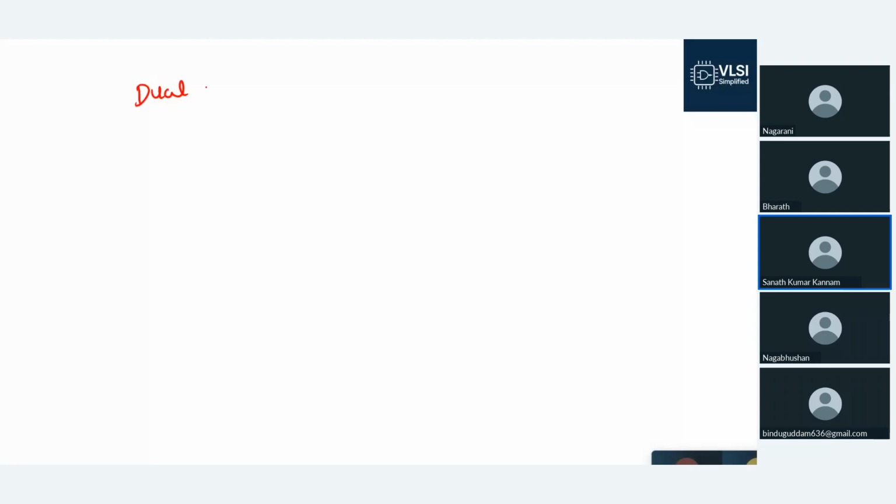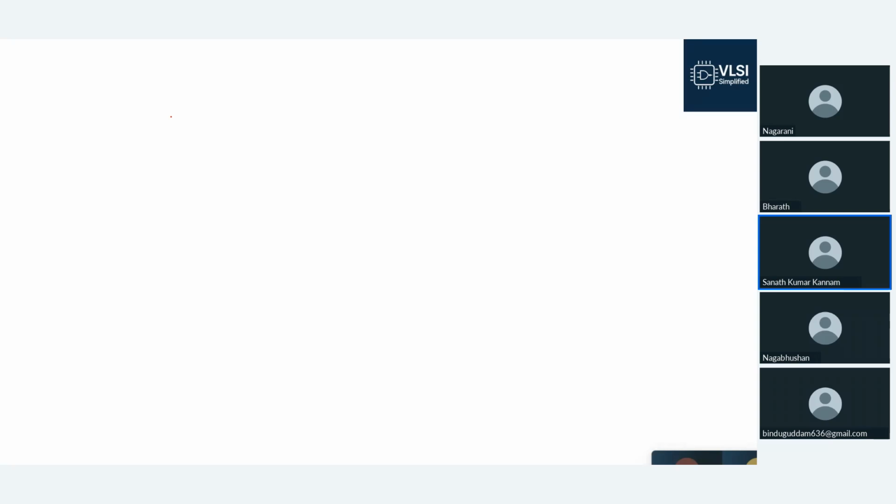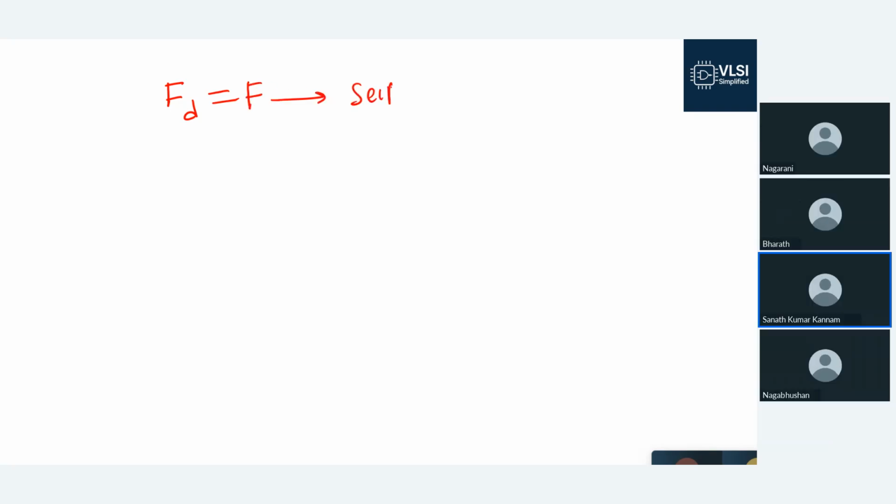So what is self-dual? If you apply the dual of a function and you get the same function, this is nothing but self-dual.